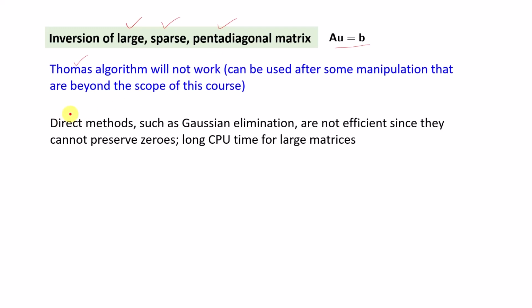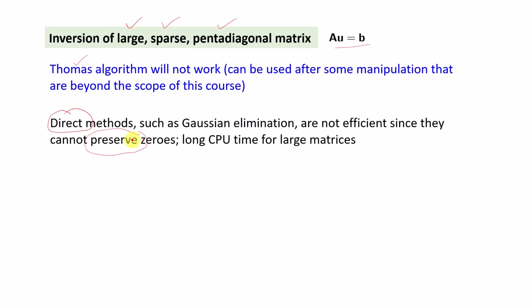Other methods, such as Gaussian elimination type direct methods, are not efficient because, number one, in a large matrix Gaussian elimination takes a long time. Number two, Gaussian elimination type methods will not preserve zeros. They will make zeros non-zero, and then non-zeros zero. So it will require a lot of computation.